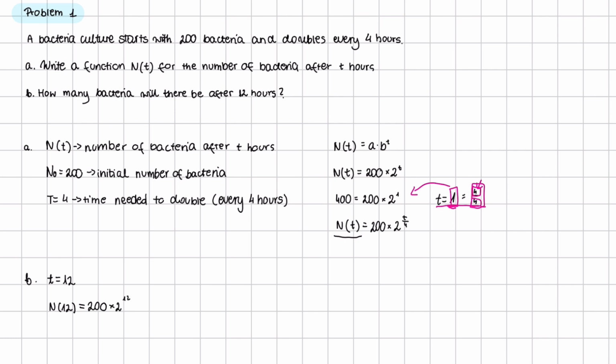Here we have 12 over 4 because it's t, so simplifying it, it's 200 times 2 to the power of 3, and it's simply 1600 bacteria.